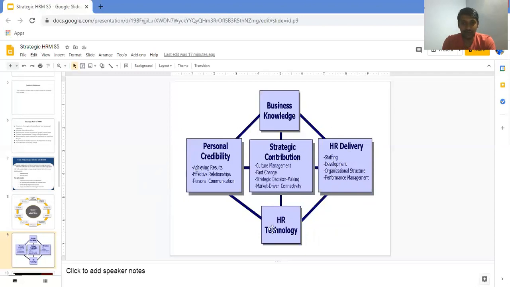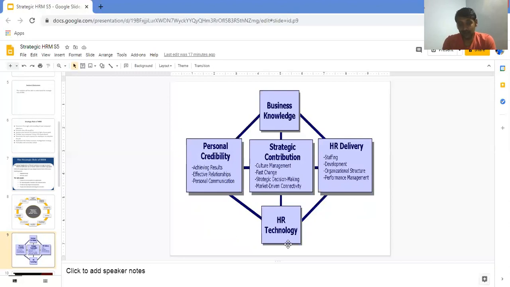These four parameters explain strategic contribution. Very important is business knowledge. He has to develop the business knowledge in an organization, followed by personal credibility. In each and every employee who is working, he has to develop an environment which improves the personal credibility of an employee, which will be helpful for business success in an organization.